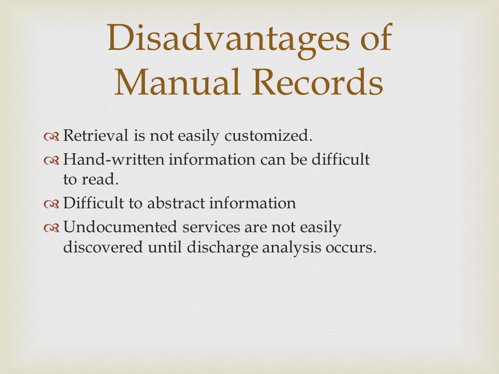In manual records, everything's handwritten. That can be difficult because not everybody writes neatly, and a lot of times it is hard to read a physician's handwritten information. It's difficult to abstract information when you have a manual record, because if it's electronic, it's much easier to transcribe, but it's more difficult to transcribe when it's in manual format.